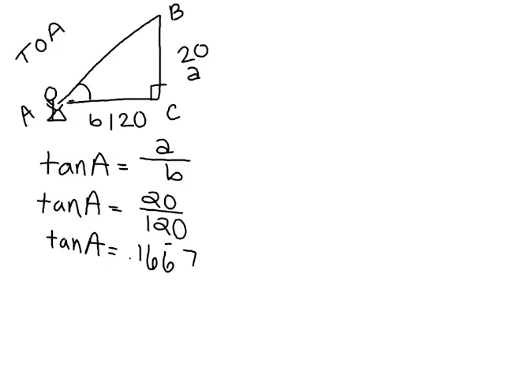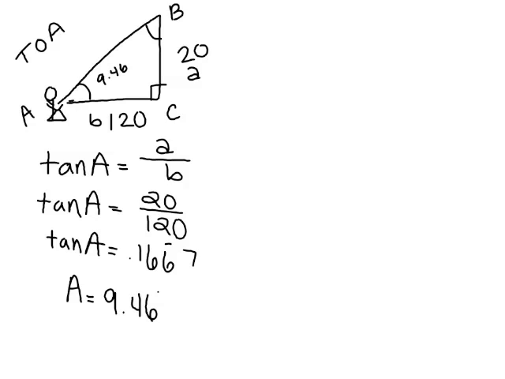Second function, tangent: A equals 9.46. That's a pretty small angle. So what would our other angle be? Where would the sun be in relation to the building? A plus B has to equal 90, so 90 minus 9.46 is 80.54.